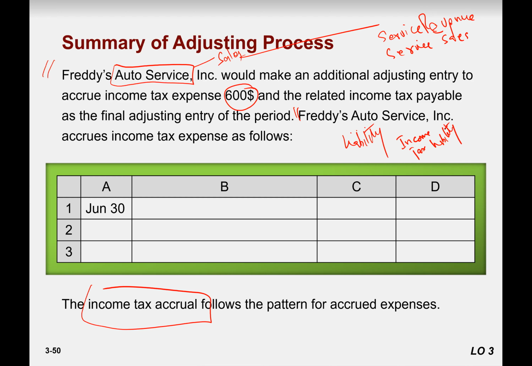And now the income tax expense happened. When an expense happens, always debit. When a liability increases, always credit. So what would be our entry then? Income tax expense to income tax payable, right? Any question regarding this entry?